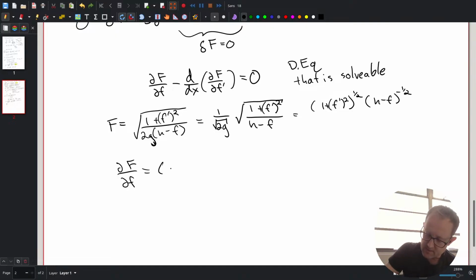So I would still have that 1 plus f prime squared to the 1/2 times negative 1, so a negative to take care of that derivative of h minus f, and then times h minus f to the negative 3/2.